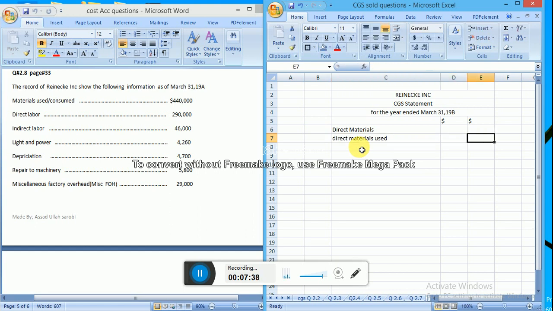How much direct material is used? That is $4,40,000. This is the material cost. With material cost, we will add direct labor cost.